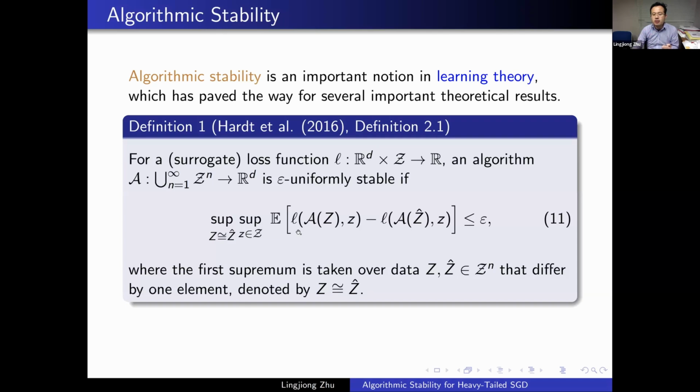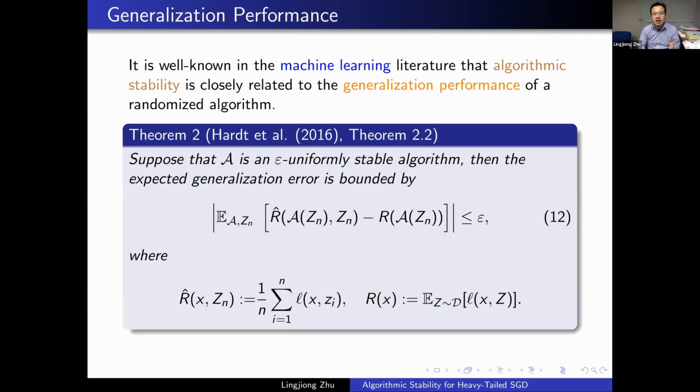Then you look at whether, in expectation, the outputs are close to each other. It's epsilon uniformly stable if the expected value, taking the supremum over data sets, is close. That's called epsilon uniformly stable.